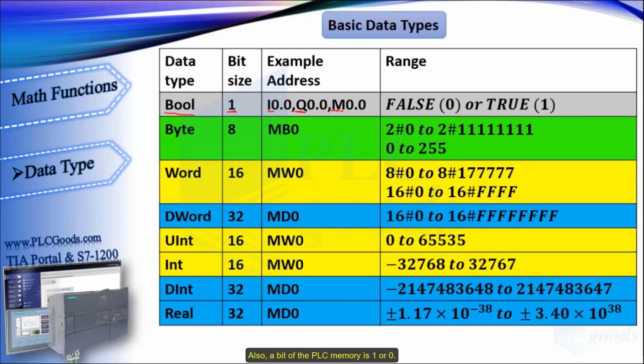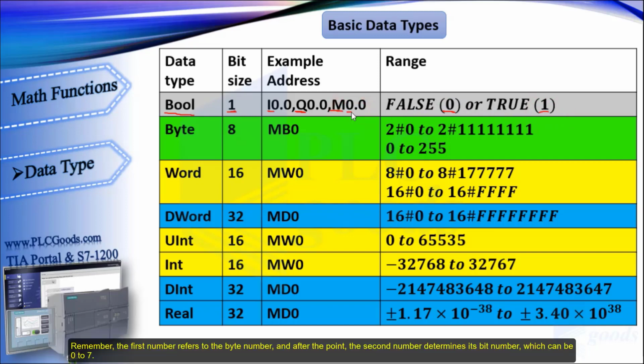Also, a bit of the PLC memory is 1 or 0. Remember, the first number refers to the byte number, and after the point, the second number determines its bit number, which can be 0 to 7.